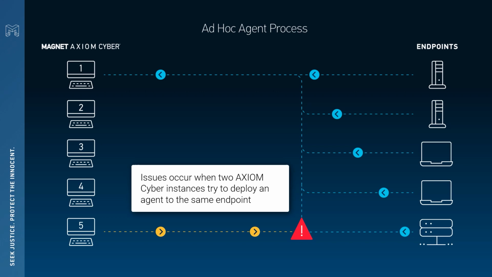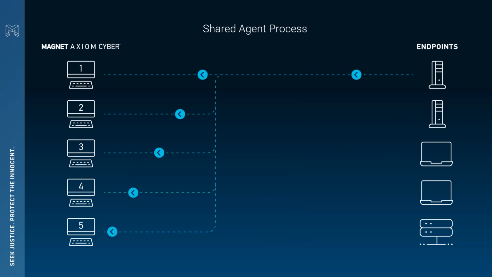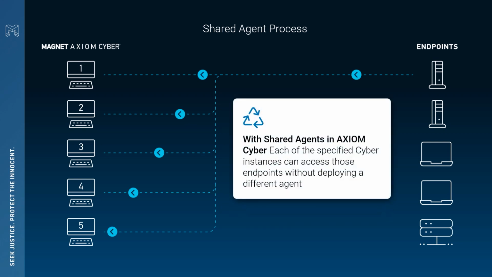So we've taken all of this feedback together, and today we're introducing our latest feature, which is the shared agent process. And now, what this is going to allow you to do is use the same agent for each of your Axiom Cyber instances, so you can access those endpoints without deploying a different agent.